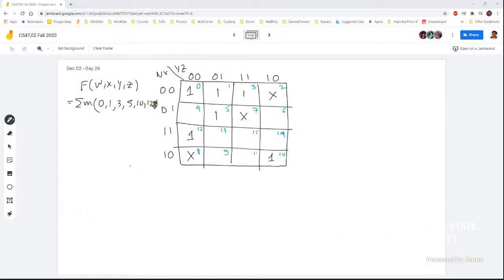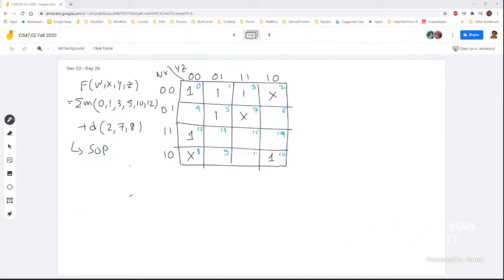Then we look at the don't care terms, so plus don't care of 2, 7, 8. This is your SOP form.